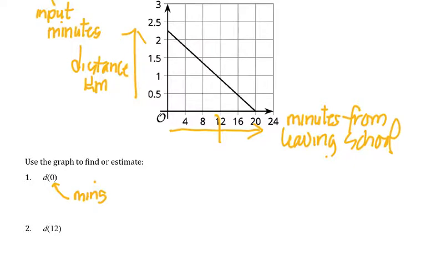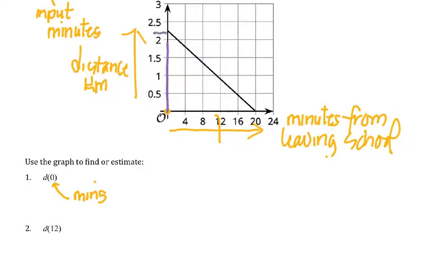So I am looking for the distance at 0 minutes. So here's 0 minutes right here. So what I'm going to do is follow this all the way up till I find where the graph is, right there, where the line is. And what is the line? What am I pointing to? What did I draw a big circle around? Right there. So what is that value right here?